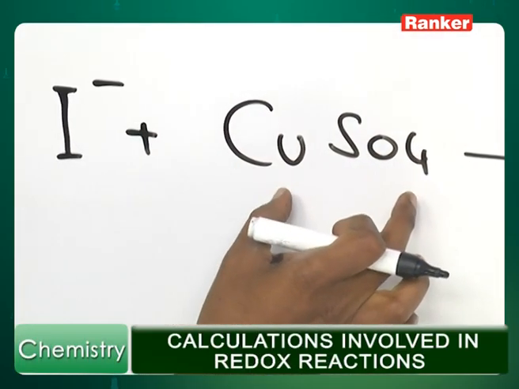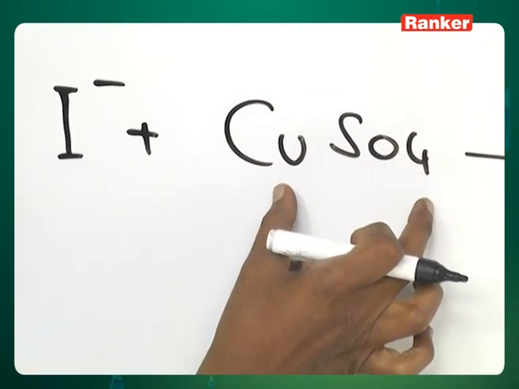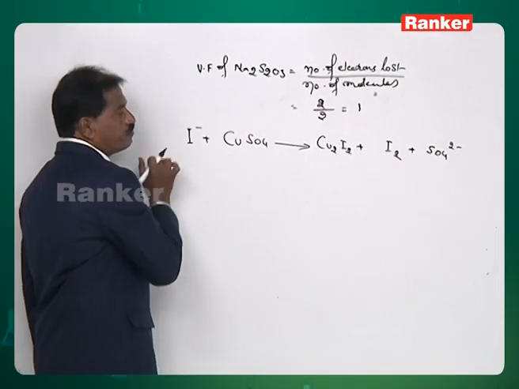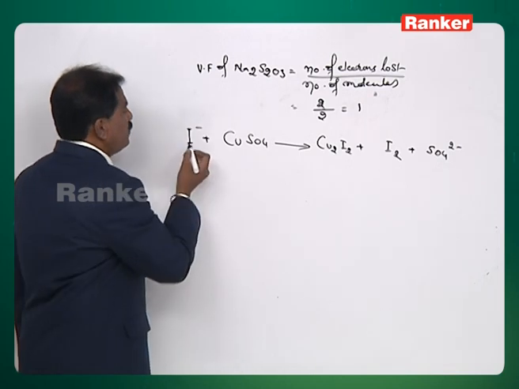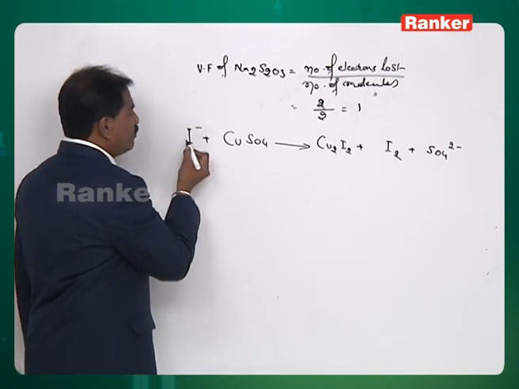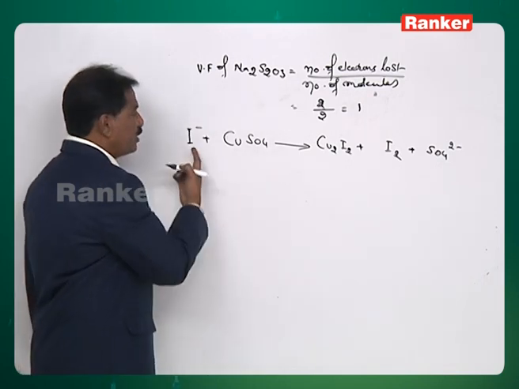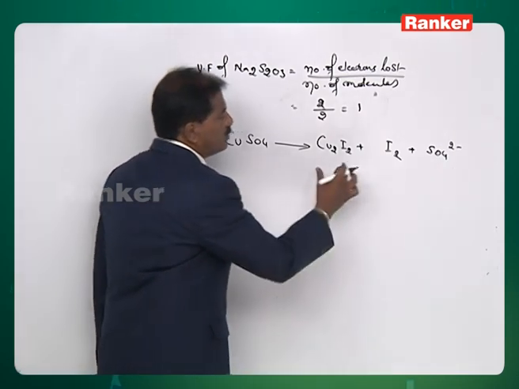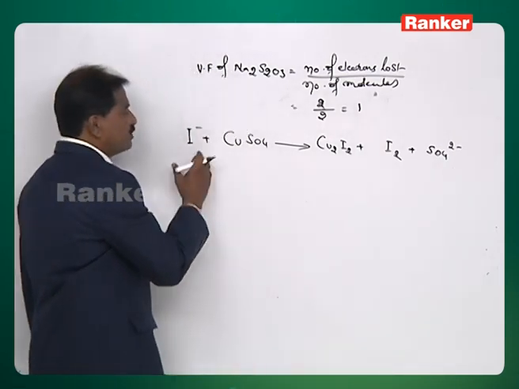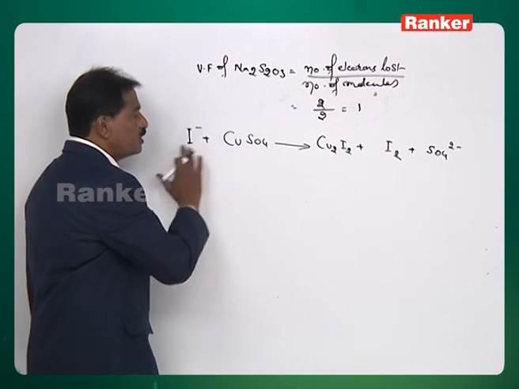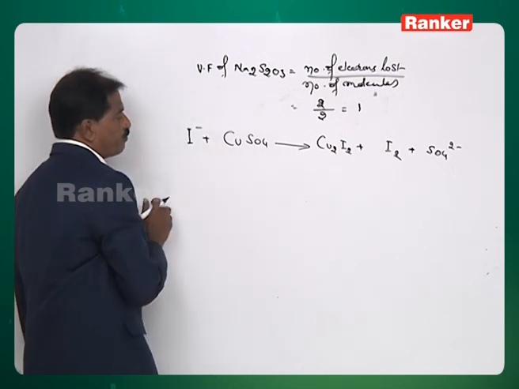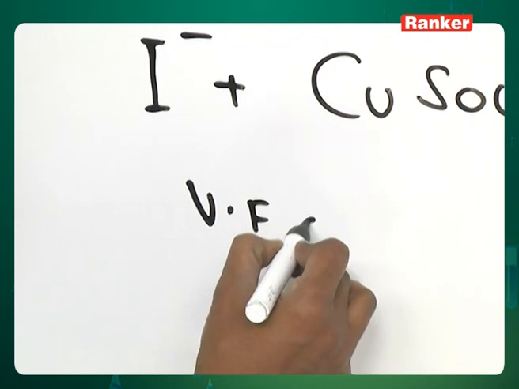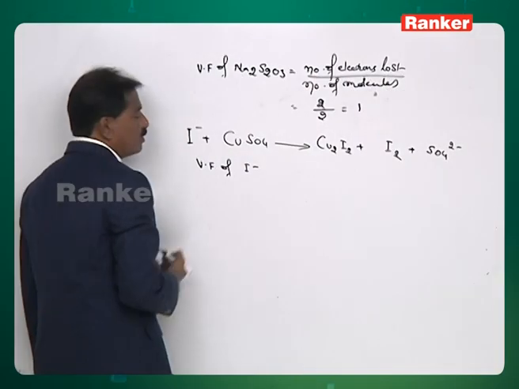Therefore, first let us discuss the calculation of the valence factor of the copper and iodide. Here, for iodide, we will take the iodide in the form of potassium iodide or so. In this case, we can balance it, otherwise, without the need of balancing, we can directly proceed. So, valence factor of iodide.